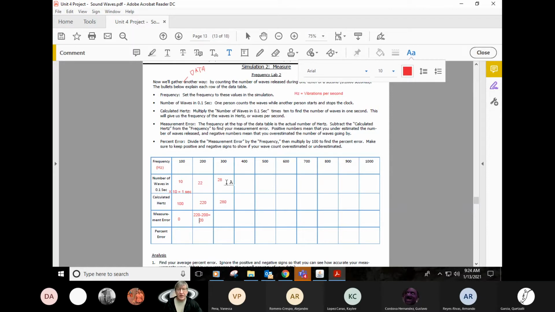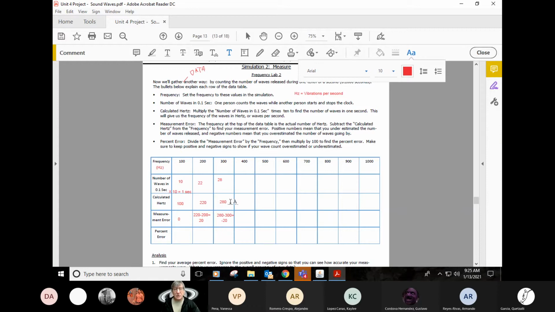Now, this next one, I want you to look at this one in particular. Some of your answers are going to be positive and some are going to be negative. This one, I have to go 280 minus 300 equals my answer, which is going to be negative 20. Keep that negative sign there. Basically, the positive and negative numbers tell you if you overestimated or underestimated.